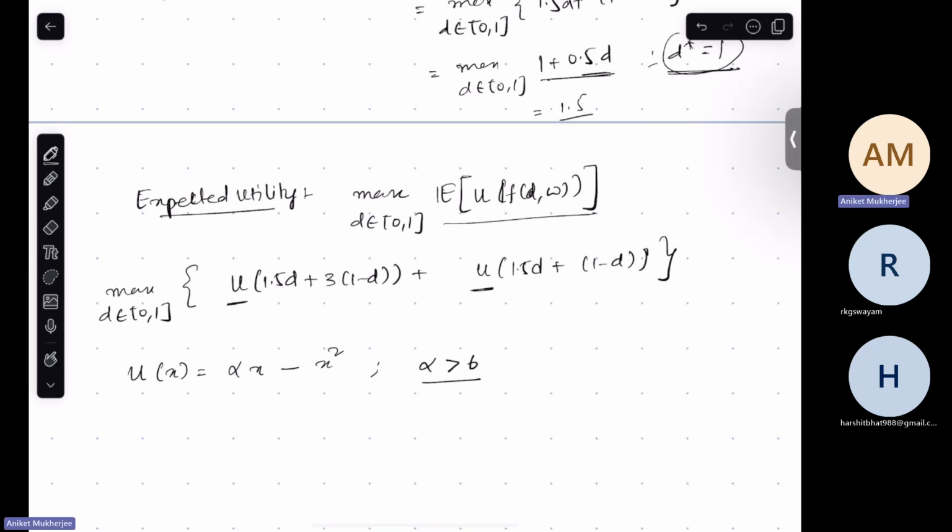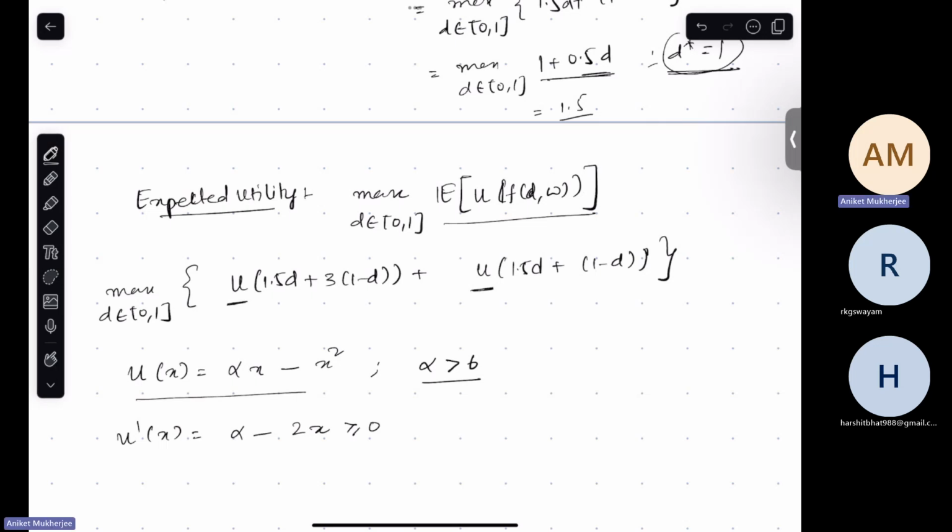Why did I choose alpha to be greater than 6? Because I want it to be an increasing function. This should be a concave and increasing function. Increasing would mean that I take the derivative with respect to x and get alpha minus 2x, which should be greater than or equal to 0.